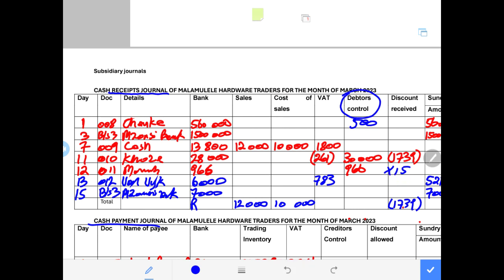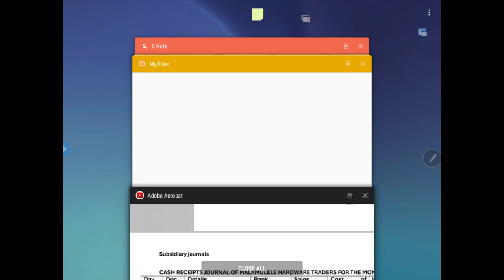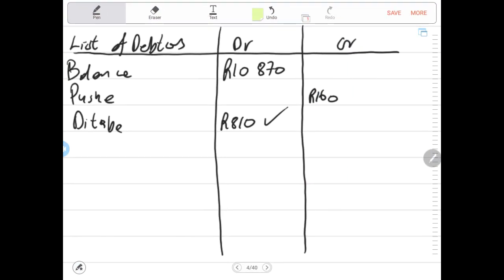If you still remember, it was a lovely recording of 1 hour 32 minutes. Now we know that we are recording the 500 rand on the credit side of the debtors control. Then we also record that on the credit side of the list of debtors, because it was not recorded, yet it is cash that we have received.